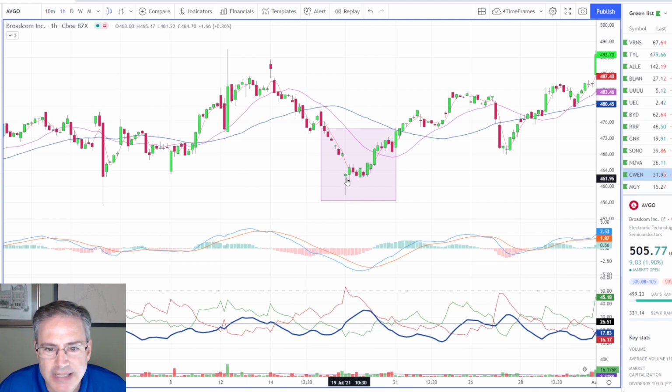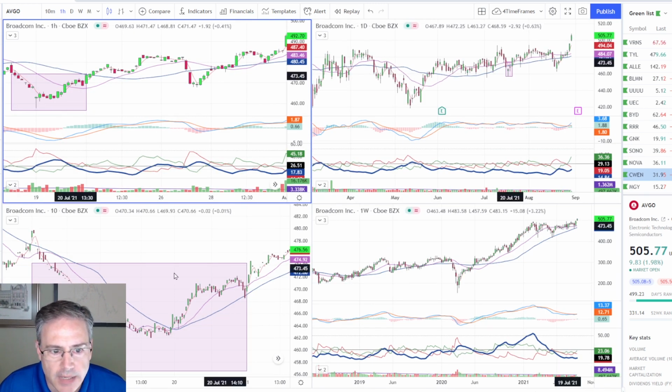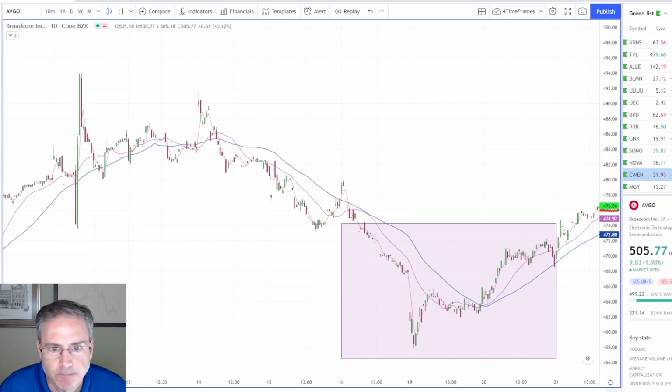So once I see that, and I know I'm stretched away, I'm going to go down to the 10-minute chart. And I'm going to do this while the hourly chart is actually in a downtrend and stretched away. I'm not waiting for the hourly to reverse its trend. Okay. I want to do it when it's in a downtrend but stretched. And then I'm going to go and look at the 10-minute.